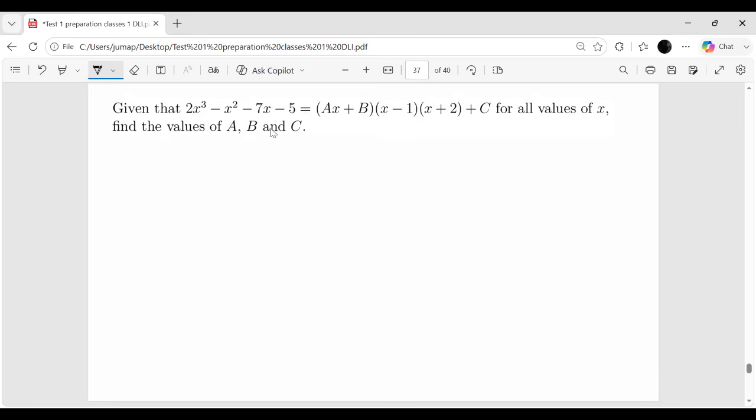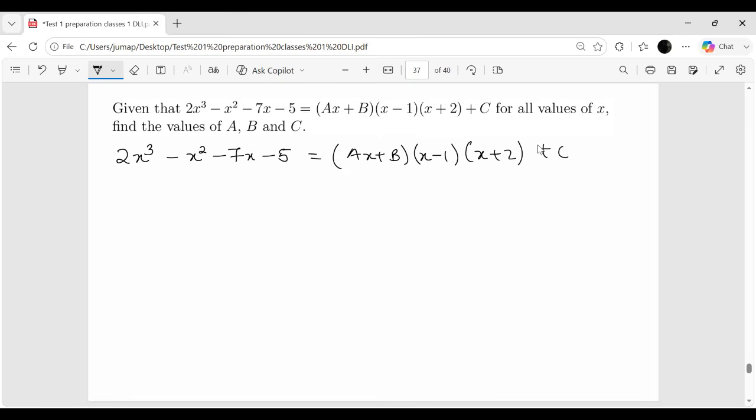So in this case, what I would encourage everyone to do is to expand this. Okay, so we have 2x to the power 3 minus x to the power 2 minus 7x minus 5 is equals to ax plus b, x minus 1, x plus 2 plus c.